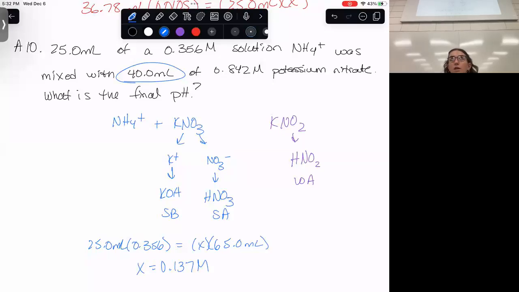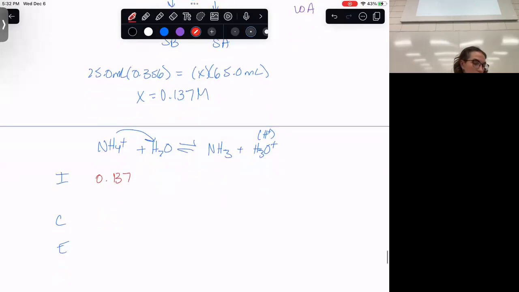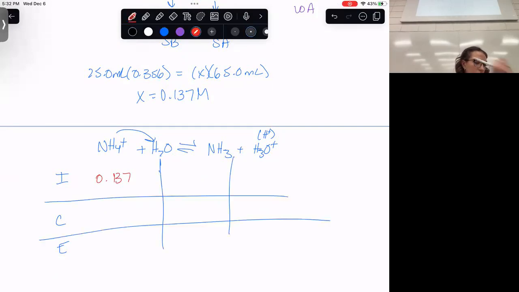So now this new concentration we plug into our initial concentration in our ice table. How do we fill in the rest of our ice table?